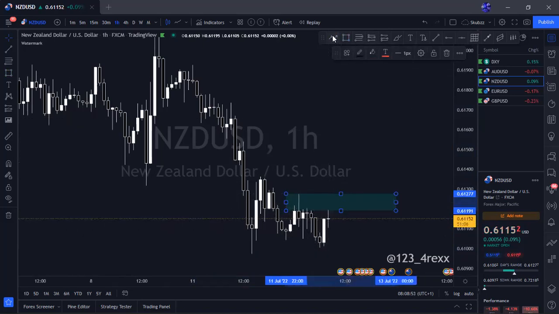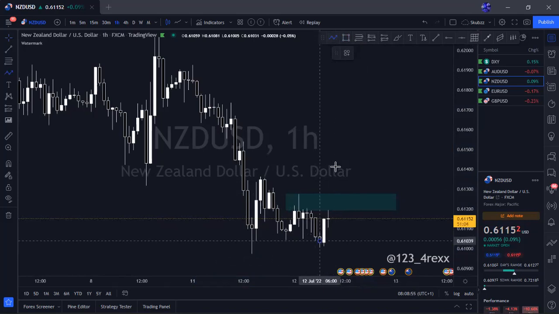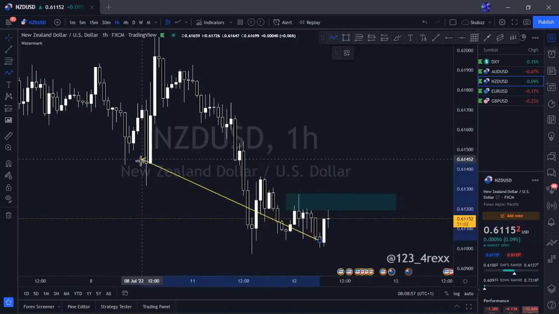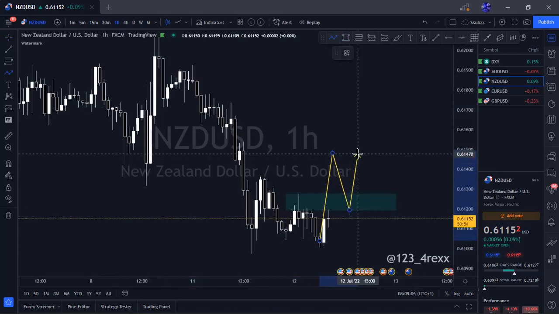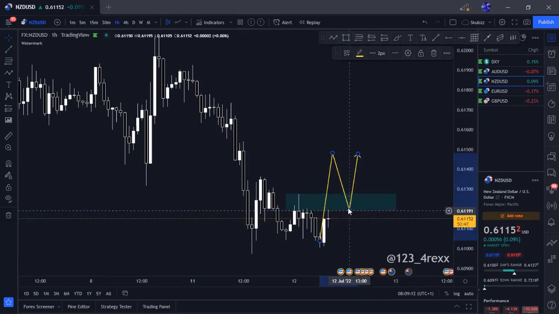Do you get? Once we see price break above it here, for AUD now, what I'll advise here, if you're taking a buy here, exit at the top of the range, not this whole 1H range that started the retracement. Exit at that point. Do you understand?